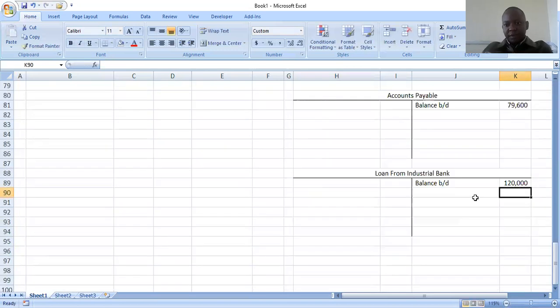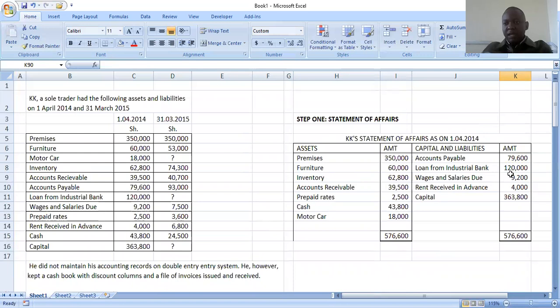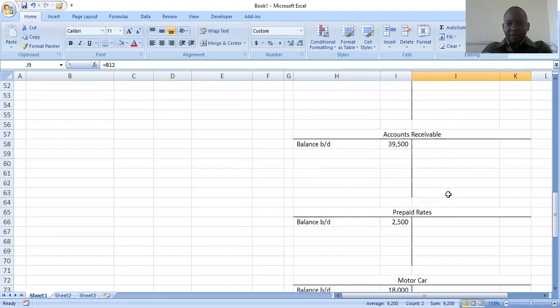The amount is 120,000 shillings. Then the other account is wages and salaries due. These are accrued expenses. Accrued expenses will always be treated as current liabilities, so we have them on the liability side.